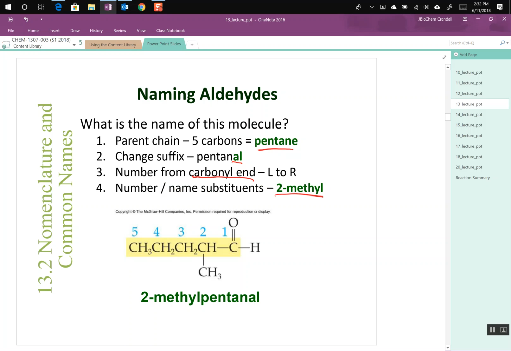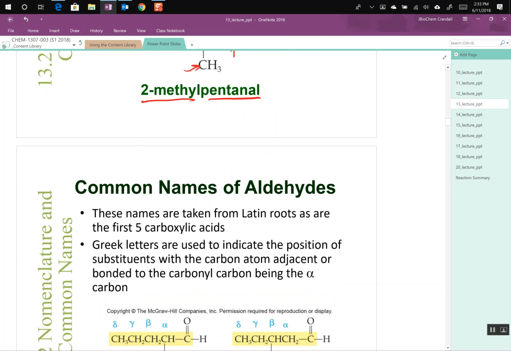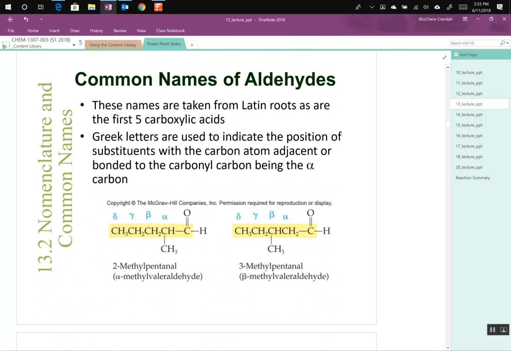So here is carbon 1. I don't have to say that the al is on carbon 1, so I don't. It's unnecessary. But I do need to specify where this methyl group is, so I say 2-methylpentanal. So that's a pretty straightforward way to see that.